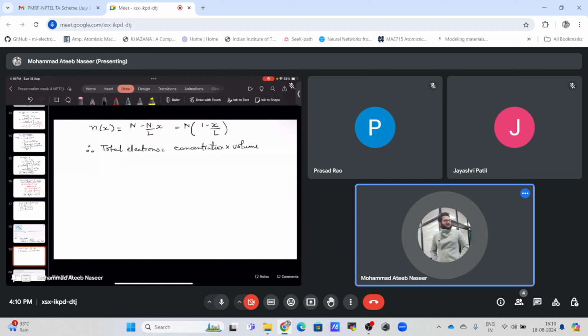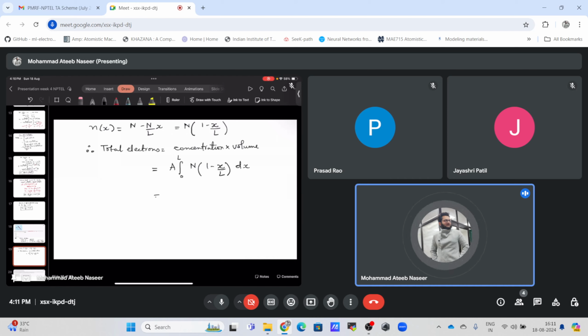We know n of x is per centimeter cube, so it is simply A times the integral from 0 to L of n times 1 minus x by L dx.